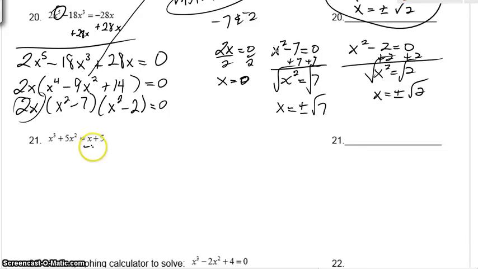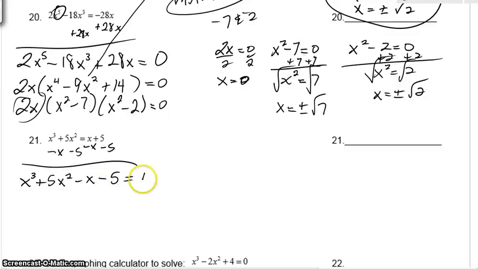For number 21, it's minus an x from both sides, minus a 5 from both sides. And you'll see that you have 4 terms. This might seem especially likely that we're going to factor by grouping, and we will. For our first 2 terms, let's factor out x squared. You'll be left with x plus 5.